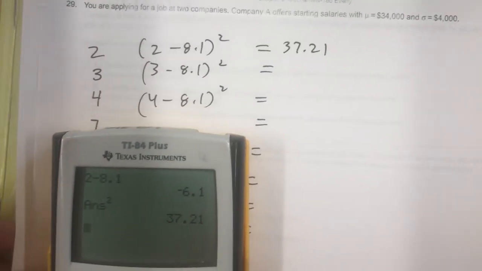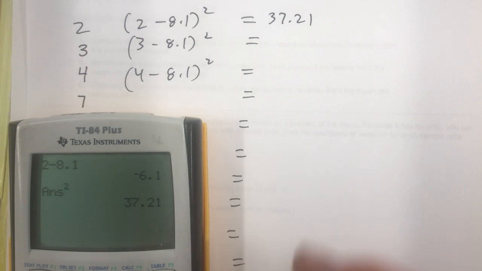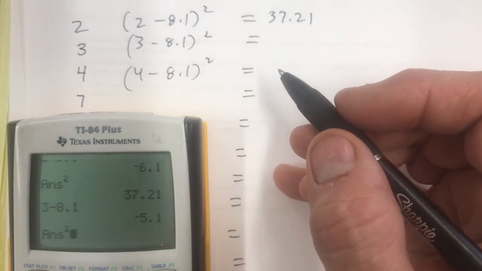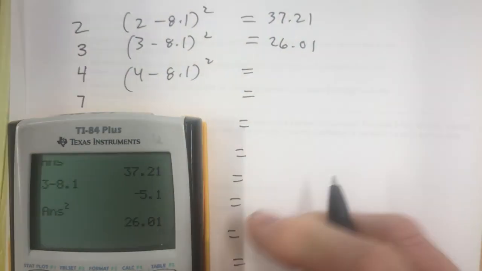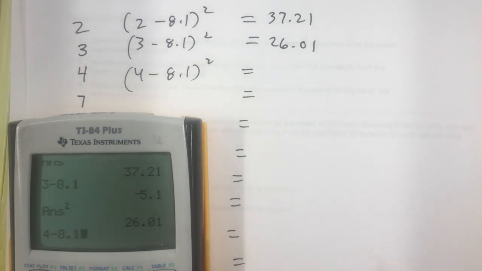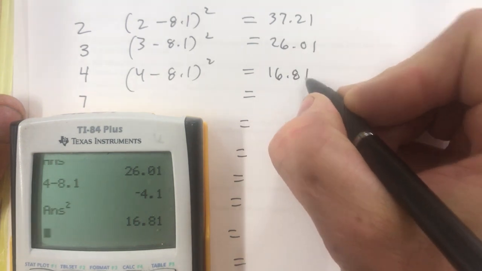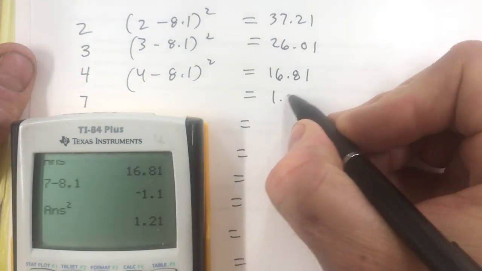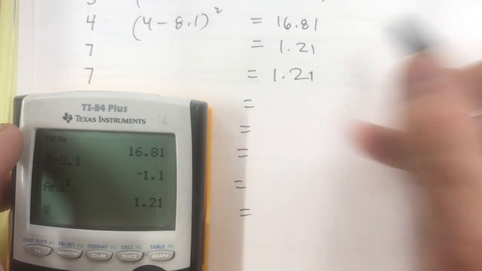Then I've got 3 minus 8.1 equals, square, equals 26.01. 4 minus 8.1 equals, square, equals 16.81. 7 minus 8.1 equals, square, equals 1.21. And there's another one right there, 7 again.